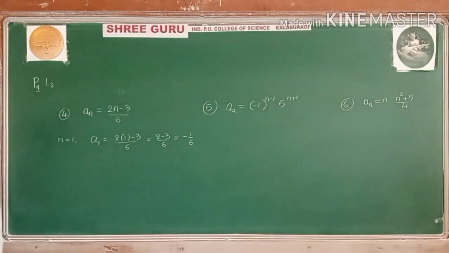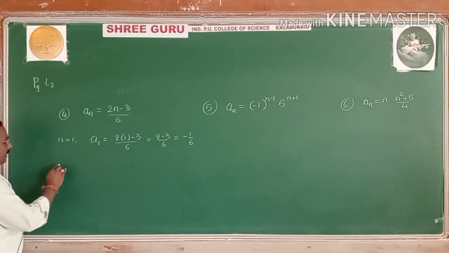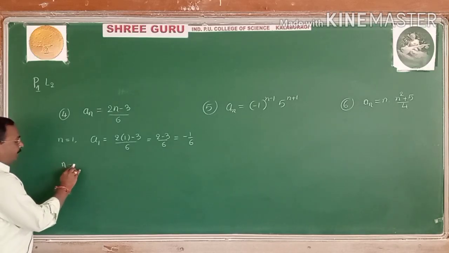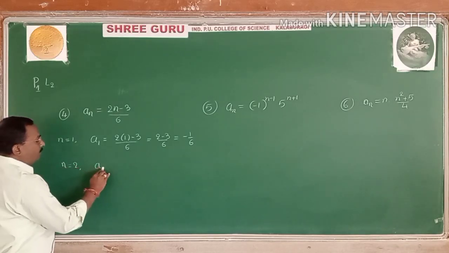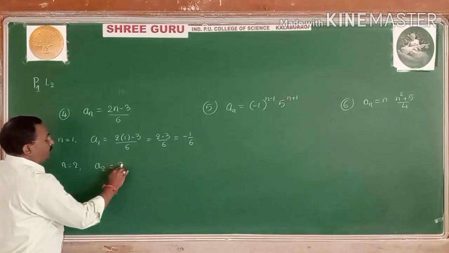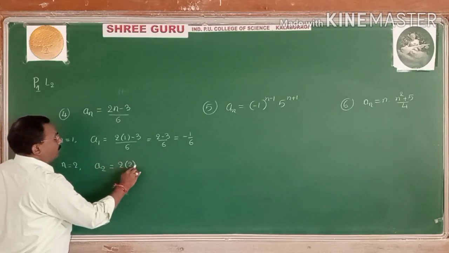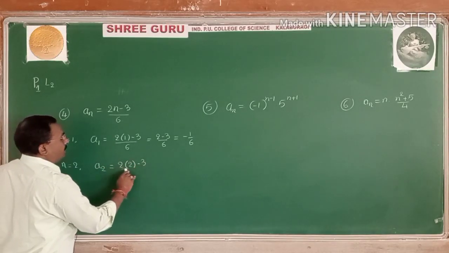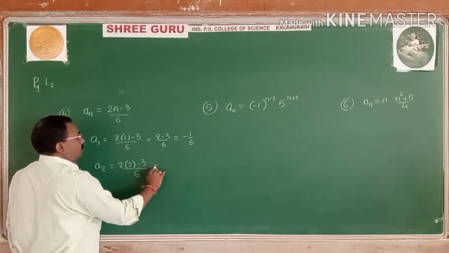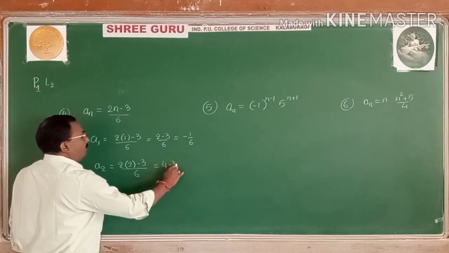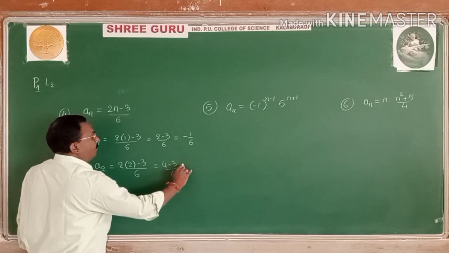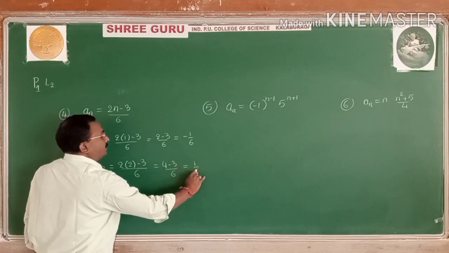Next, n equal to 2, a2 is equal to (2 into 2 minus 3) divided by 6. 2 into 2 is 4, 4 minus 3 is 1, so 1 by 6.